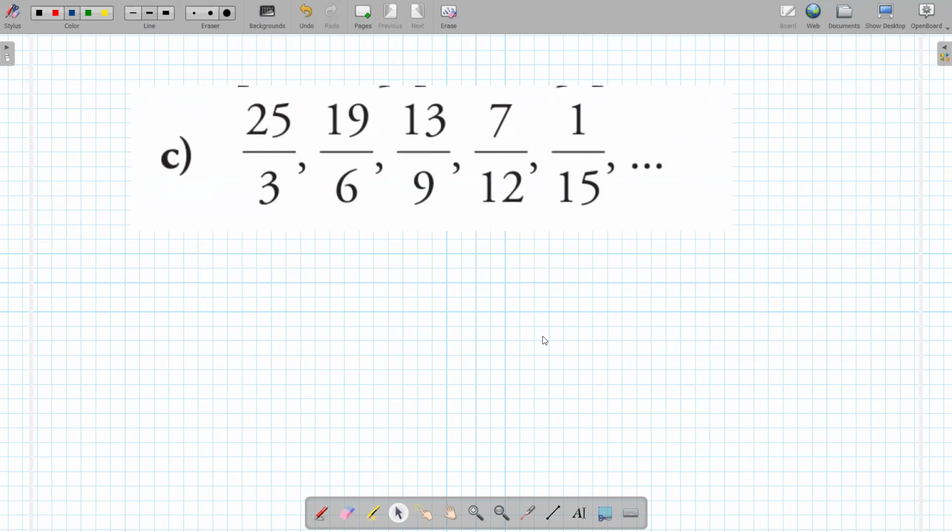This one's very simple as well. And what's the next term? Again, treat it independently in the numerator and in the denominator. You'll see it.